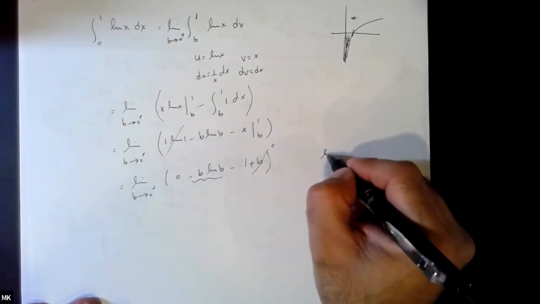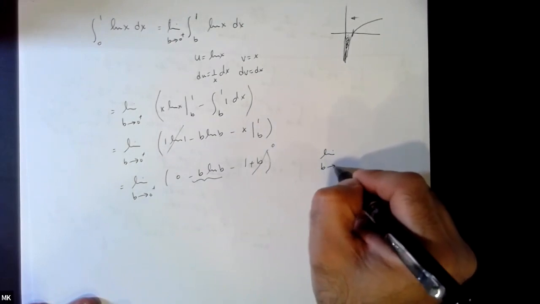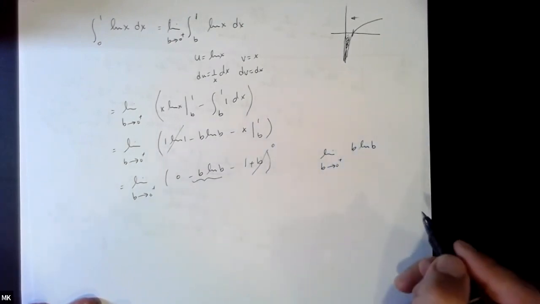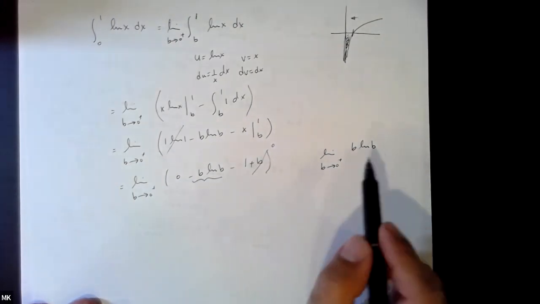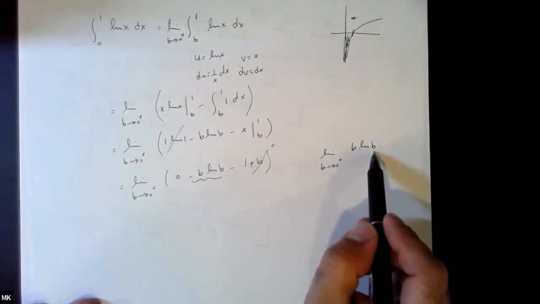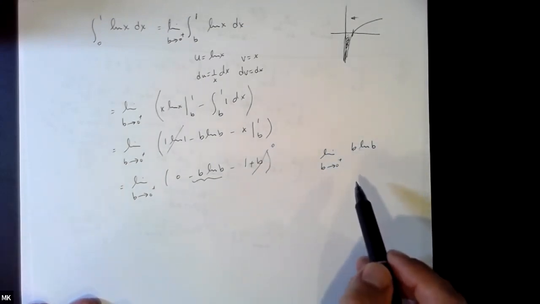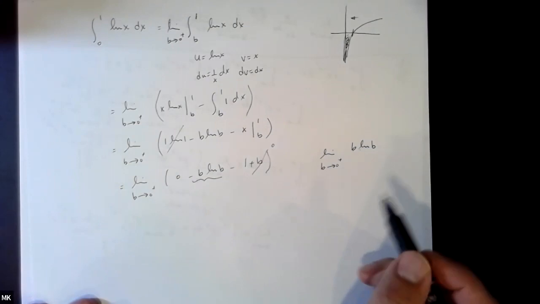So the question is, what is the limit as b goes to 0 from the positive side of b ln of b? Now, as b goes to 0 from the positive side, ln of b goes to negative infinity, b goes to 0, so 0 times infinity gives you what we call an indeterminate form. Again, back to 1a.